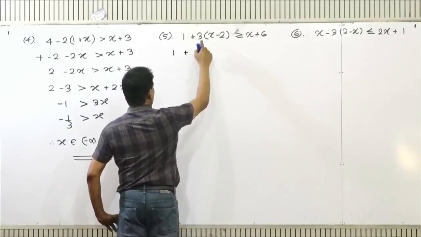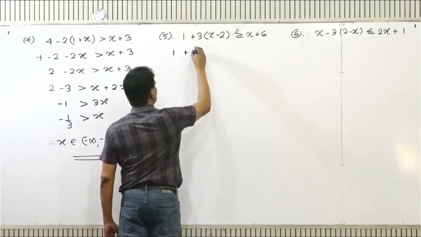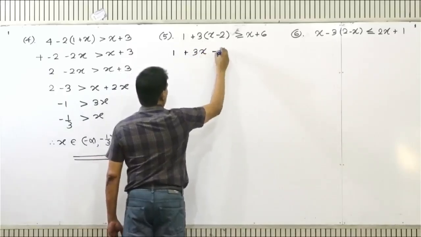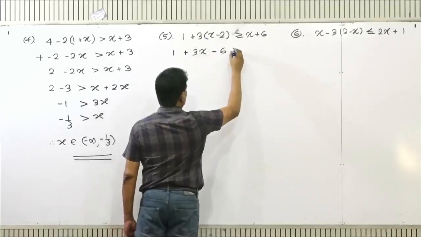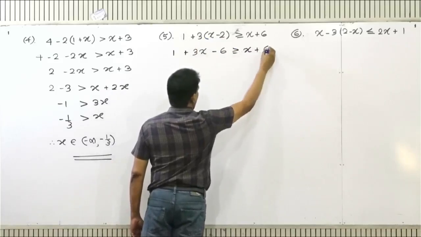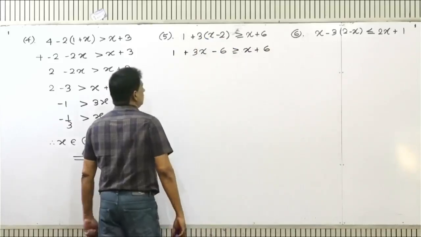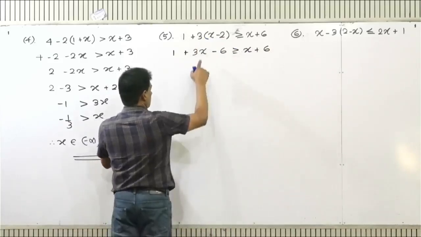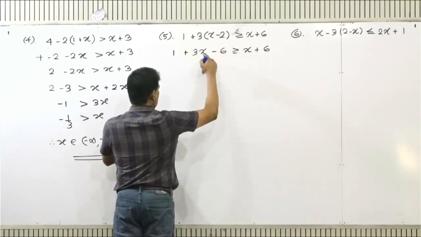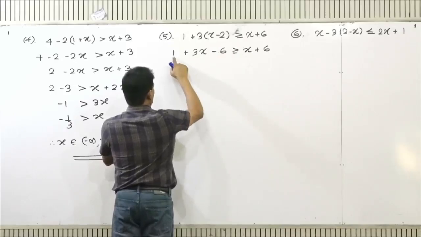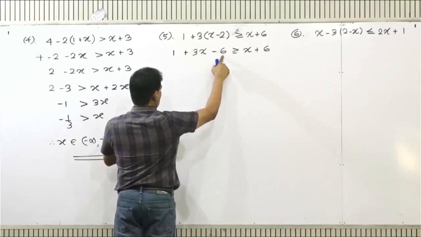Here 1 plus, we have to remove the bracket. 3x minus 6. Now 3 into x, 3x, here minus 6. Now we can subject x here. Then we have to take this positive x to this side. Here 1 minus 6 means minus 5.